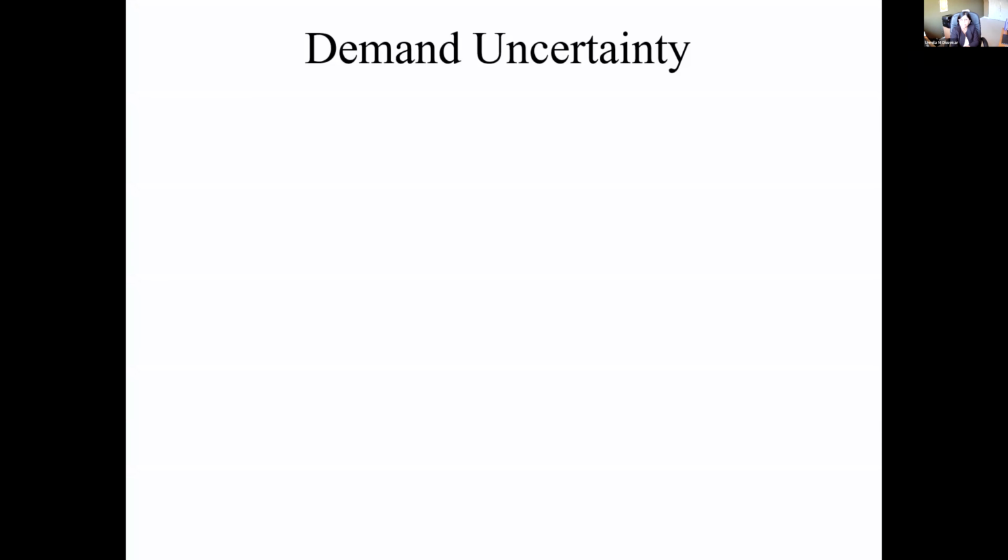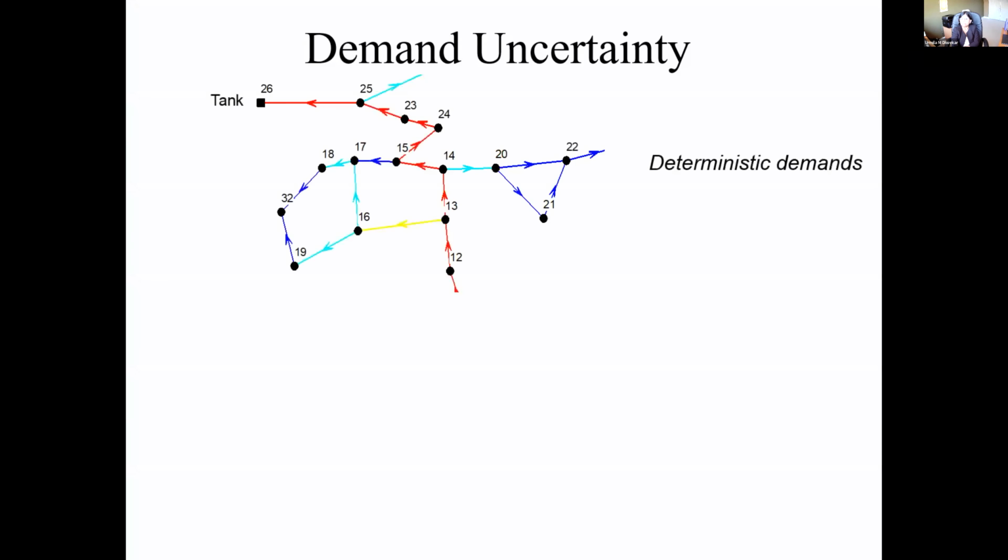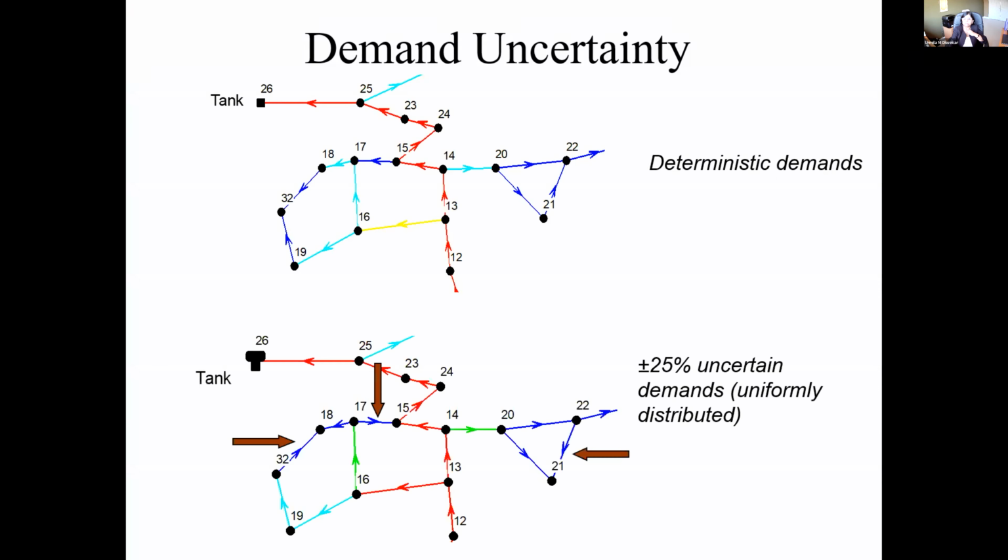When we say demand uncertainty, how it affects also changes the structure of the network, because it not only changes the flows in the network. So for example, here I'm considering the deterministic network, the same network I showed, in the demand.